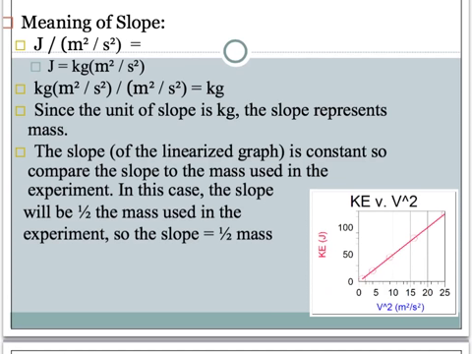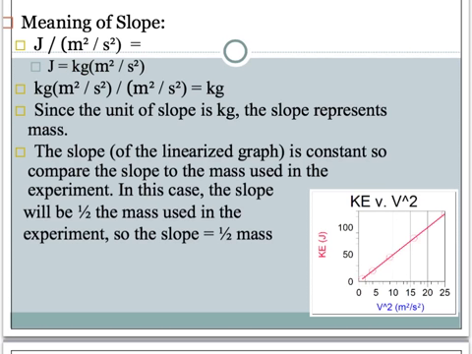So if this is my slope, I'm trying to figure out the meaning of the slope. In order to do that, I need to simplify these units. So I get this big, ugly joules over meters squared over seconds squared. So what on earth am I going to do with that? Well, what you're going to have to do in this case is break down a joule. A joule is actually a combined unit, and we'll study that this year. A joule is a kilogram times a meter squared over a second squared.